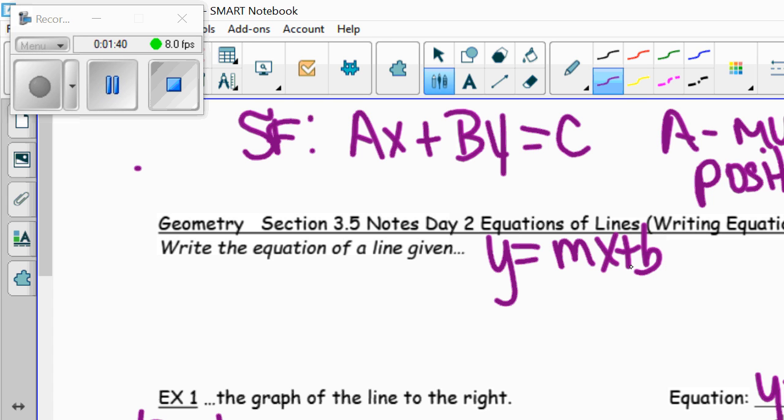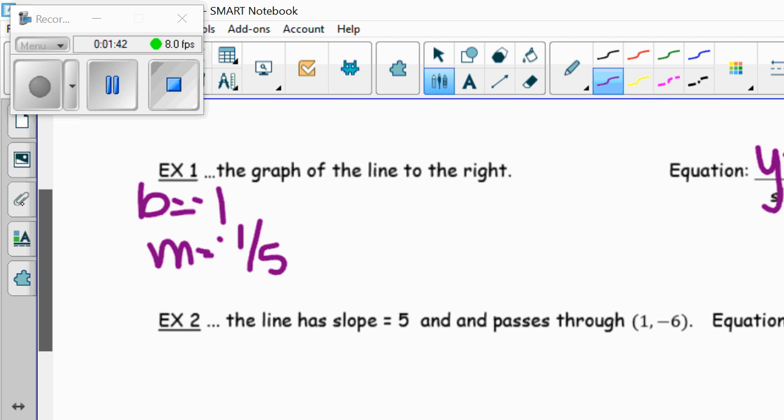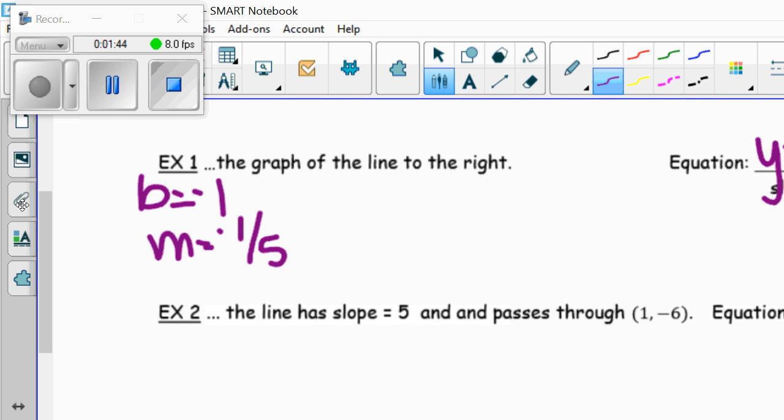Right, so now moving on to number 2, it says the line has slope 5 and passes through the point (1, -6). Write the equation. Okay. So again, if I look at y = mx + b form, I need to find my b, my y-intercept.